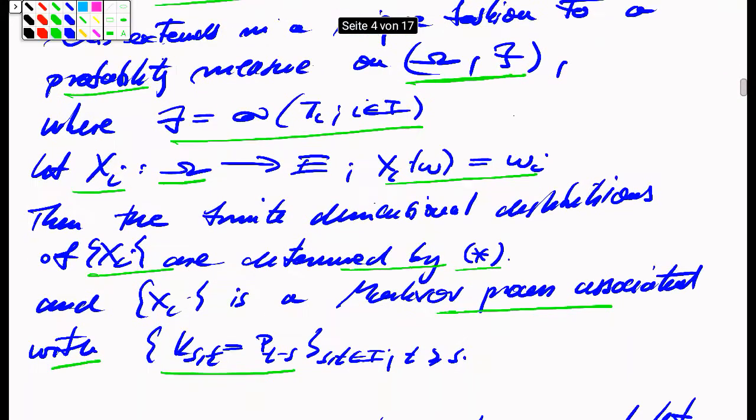In other words, we have exactly a time homogeneous Markov process which is associated with these transition kernels.